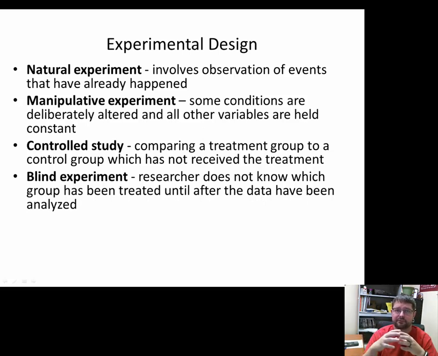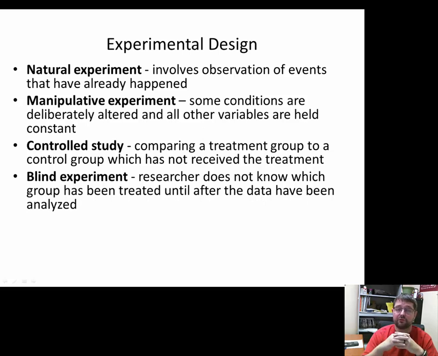Even with studies where we're looking at whether or not an individual can learn something. So maybe intelligence studies, psychology studies, sociology studies. A lot of times these are blind experiments because you don't want the researcher to give away the answer. You don't want the researcher to bias the results at all.